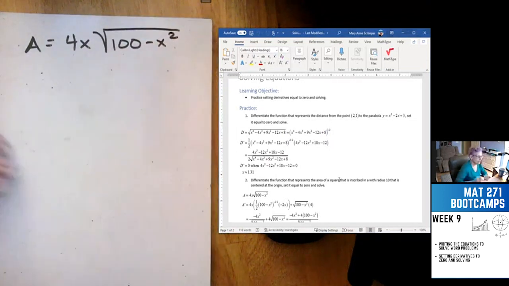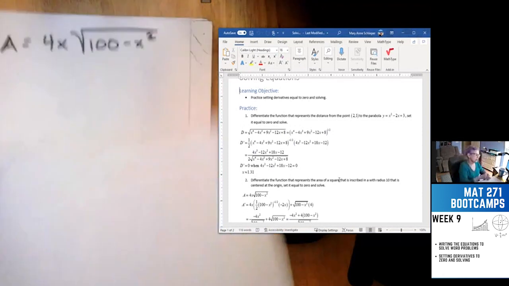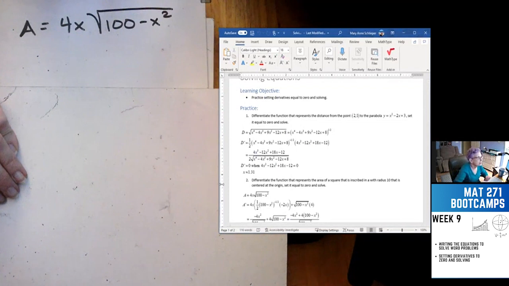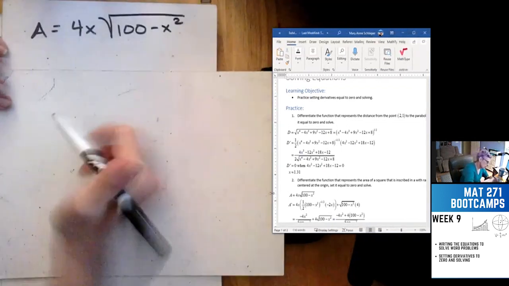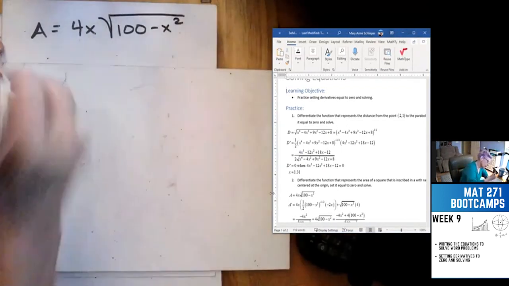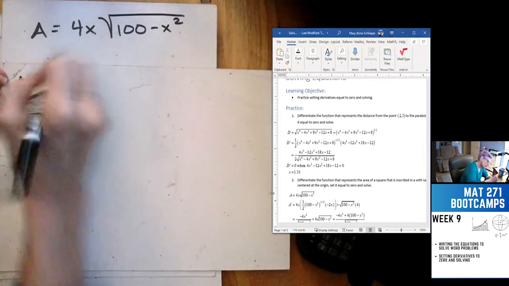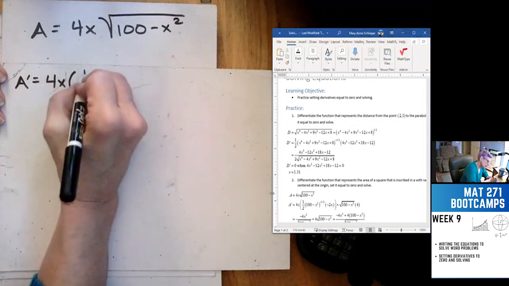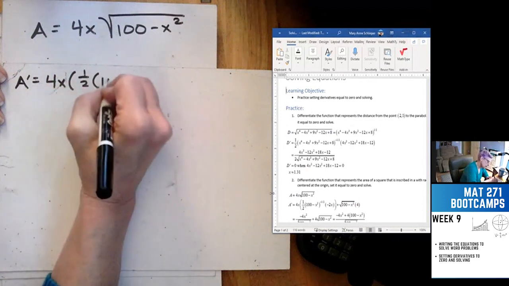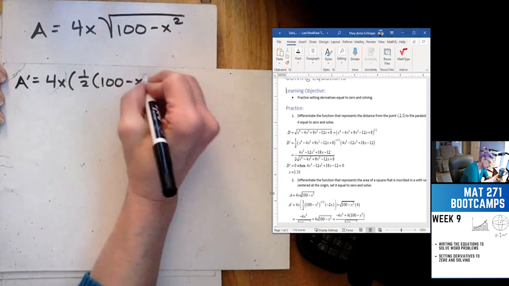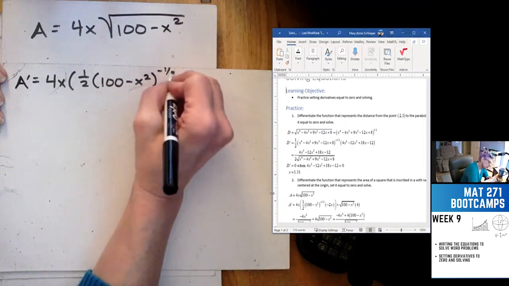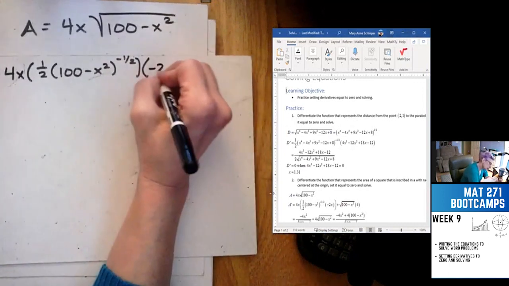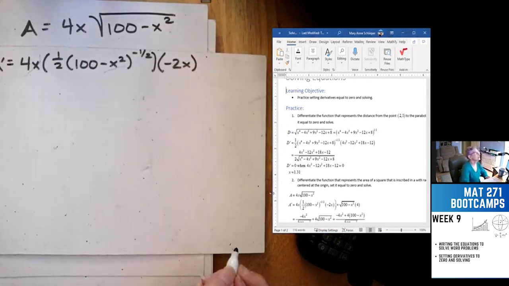So this is a product rule, and I write big, so I'm going to turn my board to the side. So maybe I'll have room, and maybe I'll do it right. So we have first times the derivative of second, so 1/2 of 100 minus x squared to the minus 1/2 times the derivative of the inside function, which is minus 2x.